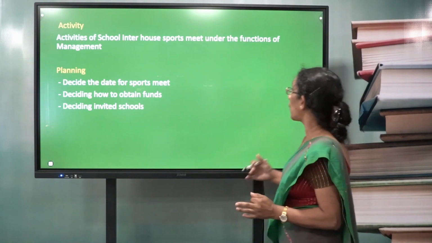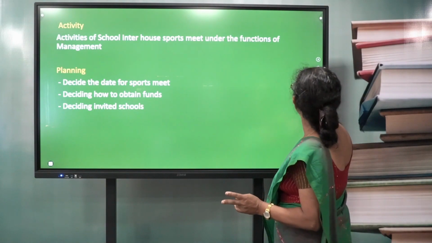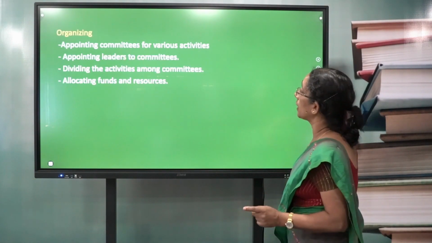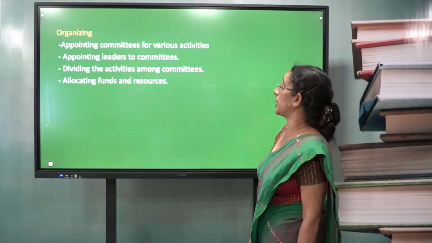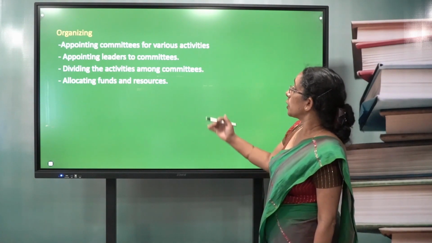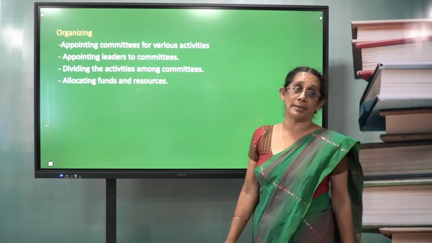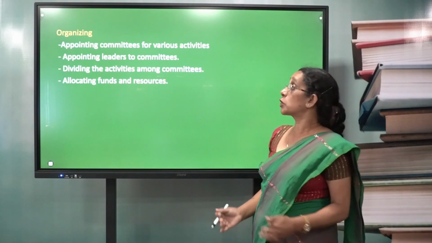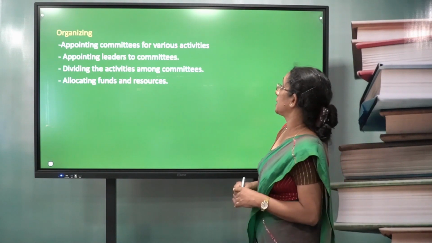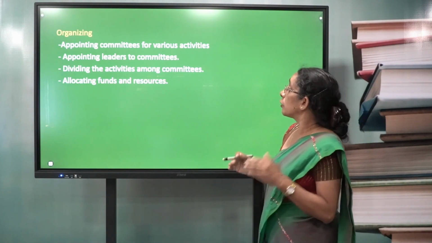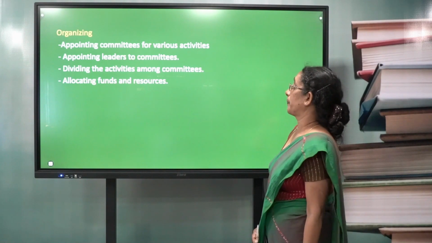The next one, what are the things that you can put under organizing? To have the school sports meet, first you have to appoint committees for various activities. That is organizing. That is regarding students. So you have to appoint committees, then to those committees you can appoint leaders.